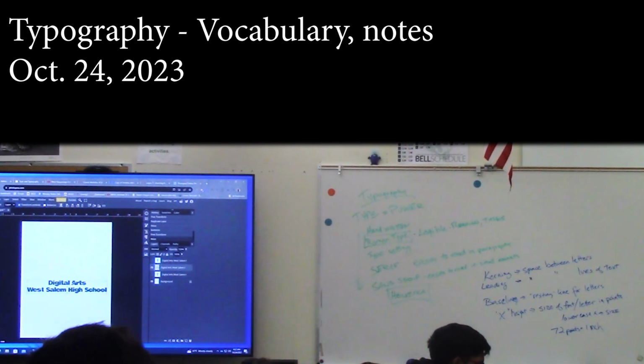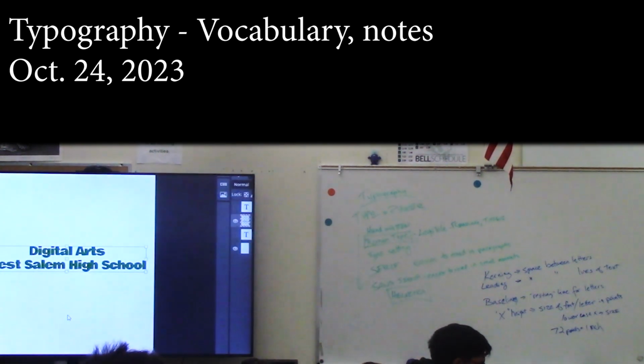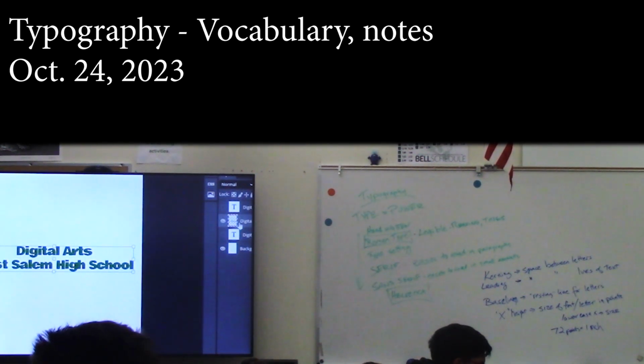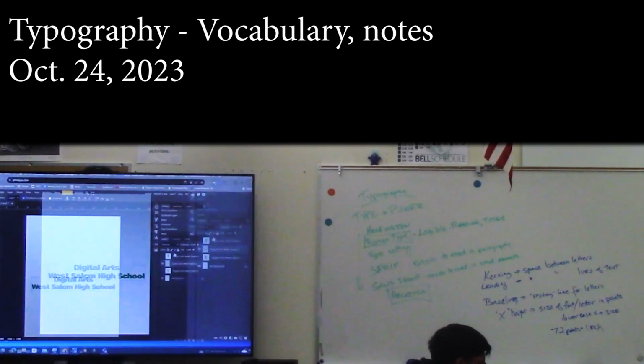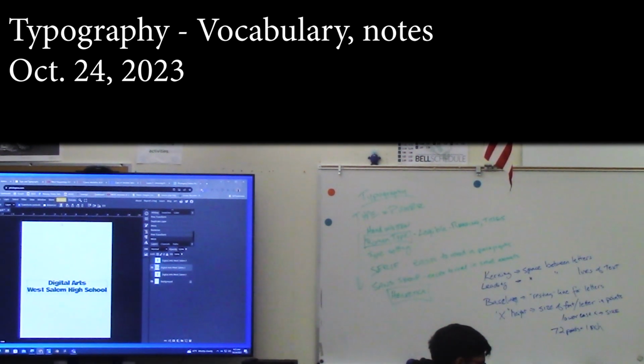With a rasterized layer, you can see my layer over here now looks a little transparent in the background. The capital T's tell me these are text boxes, and this, even though it looks like a text box, is not a text box.